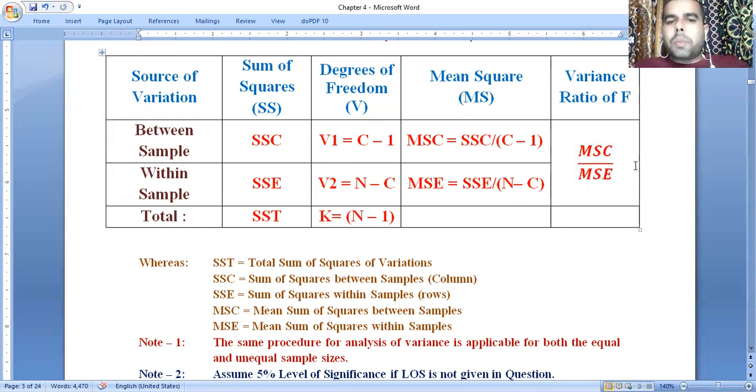That number should be compared with the table value, the critical value. If you have any statistical book, on the back side of that book you will have a small table. You can get it xeroxed, or otherwise I will provide that table also. In the table, the ANOVA 5% table or 1% table, or Fisher's 5% or Fisher's 1% table will be available.